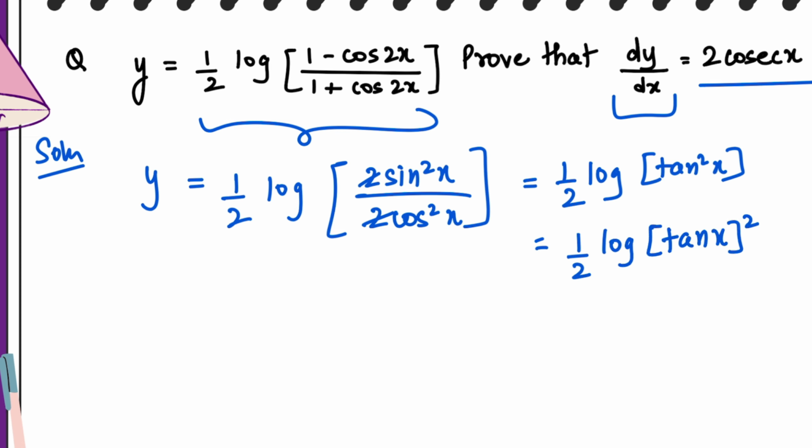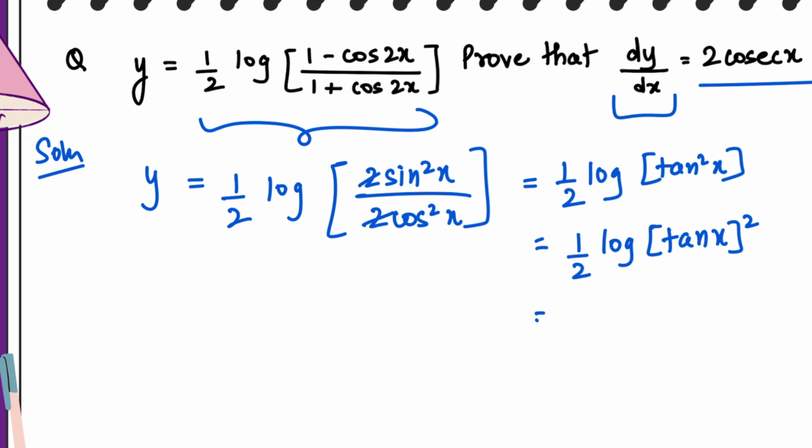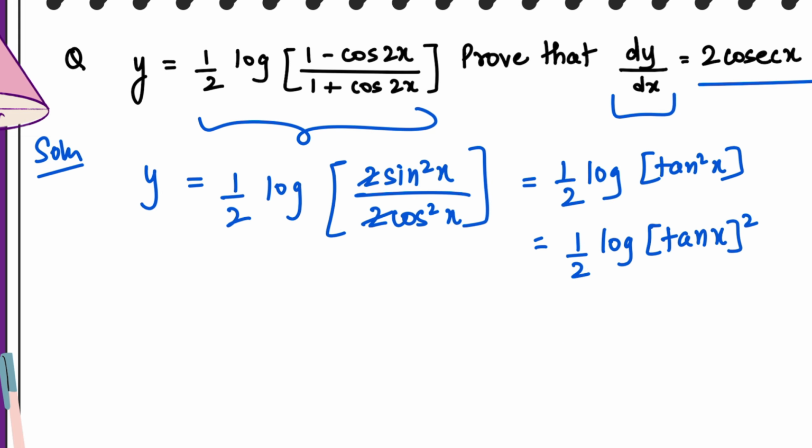Yes, this is correct. अब log की एक प्रॉपर्टी होती है m log n, ठीक है. इसको हम कैसे लिख सकते हैं, log n to the power m. याद है 9th में पढ़ रखा होगा, ये जो m है इसके पावर में होता है, right. So यहाँ पर भी मैं सेम करूँगी, half log, see this is log tan x whole to the power 2 into 1 by 2.